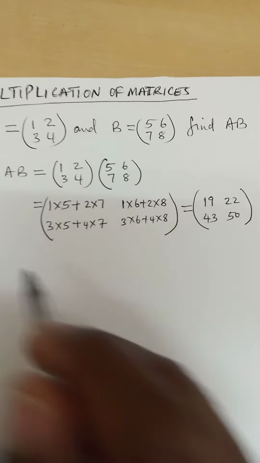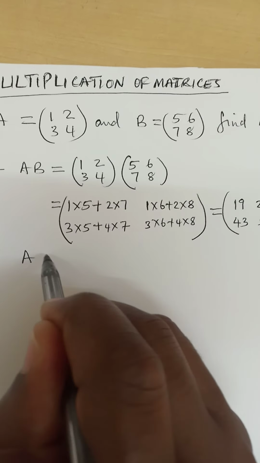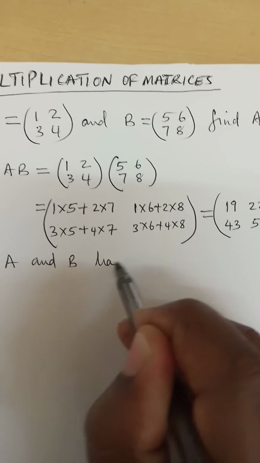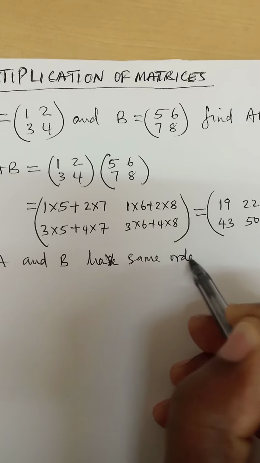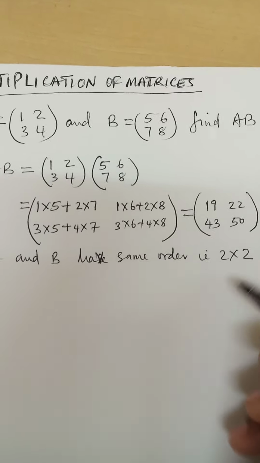It is important to note, in this first example, that A and B as matrices have the same order, which is 2 by 2. They are all 2 by 2.